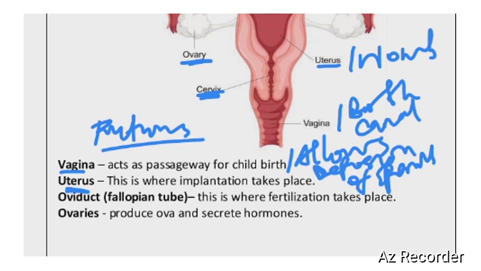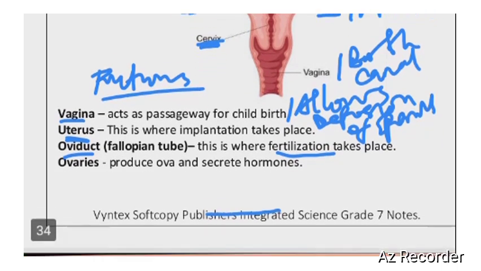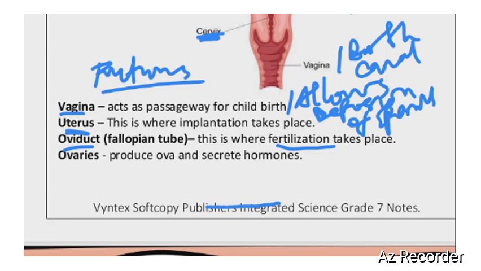From there we go to the oviduct or the fallopian tube, whose main function is to allow fertilization to take place. Fertilization is the union of the female and the male sex cell. Remember, the male sex cell is the sperm and the female sex cell is the ovum.